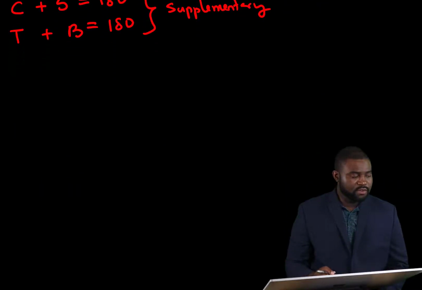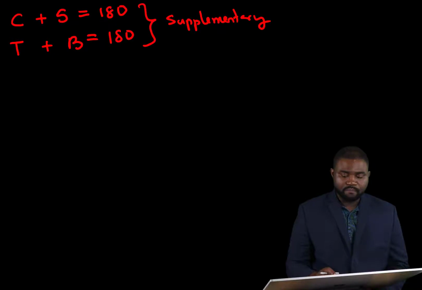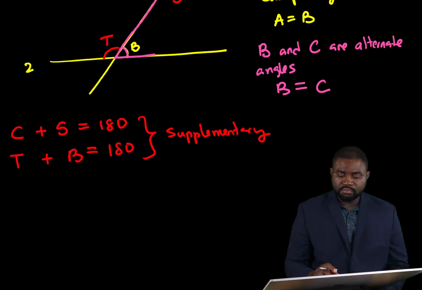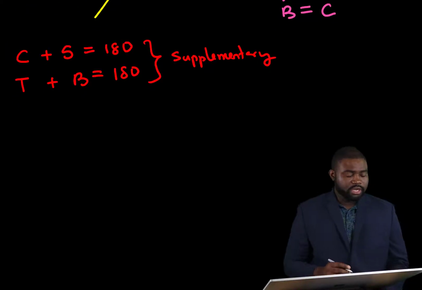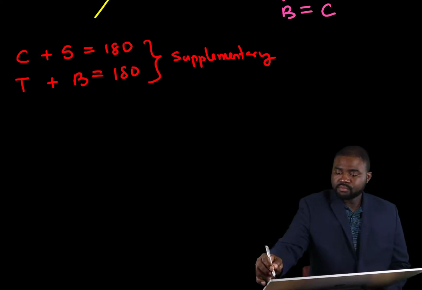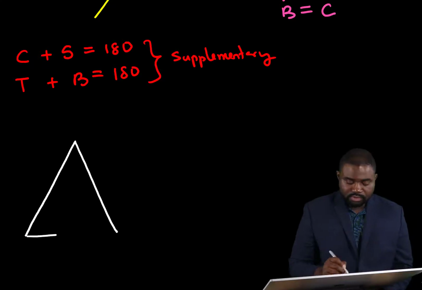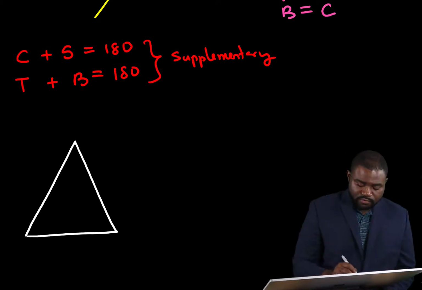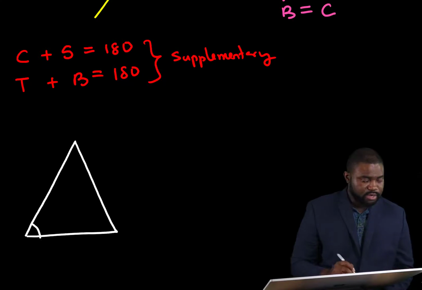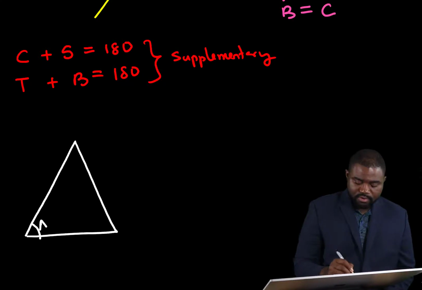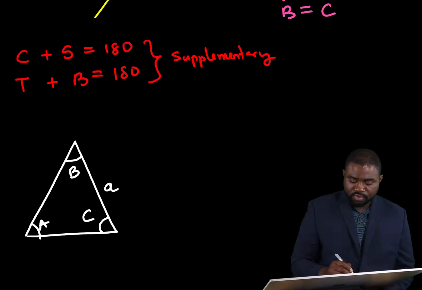Now, the next thing that I would like for us to take a look at will be triangles. If you have a triangle, this angle here is A, this angle here is B, and this angle here is C. The side opposite to A, I will label it small a.